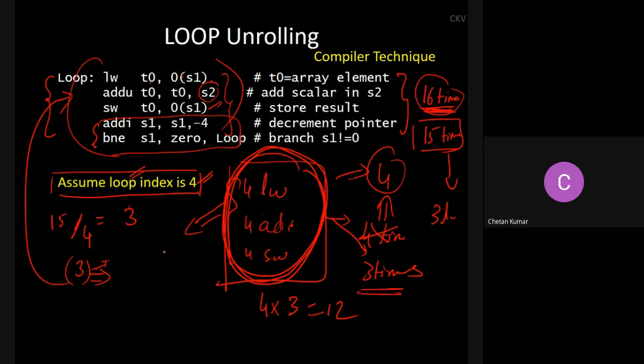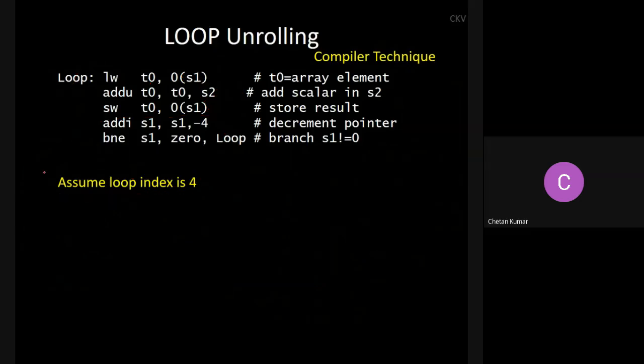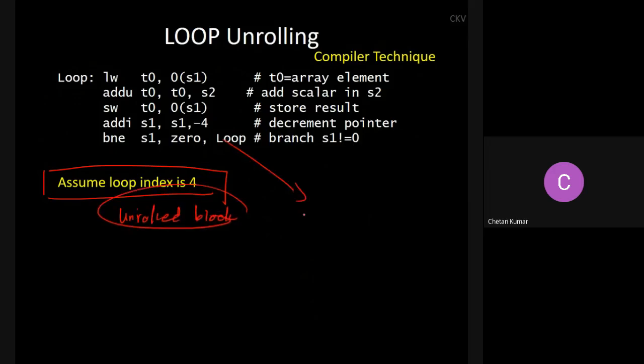Let me give an example. Let's assume that the loop index is 4. I'll unroll the loop, so there are 2 blocks: one is the unrolled block, and then the normal block.